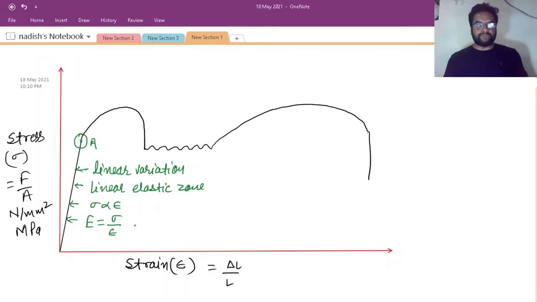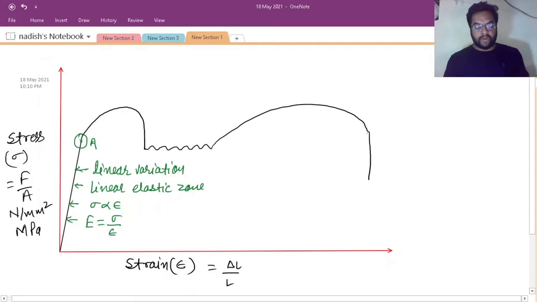Since the stress is proportional to the strain up to point A, this point A is called the proportionality limit.